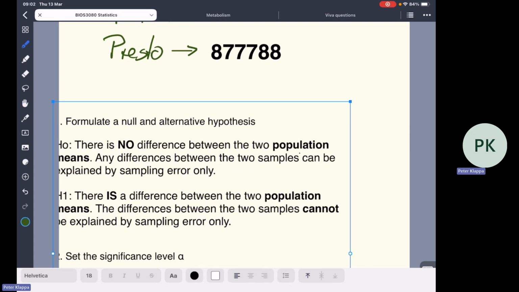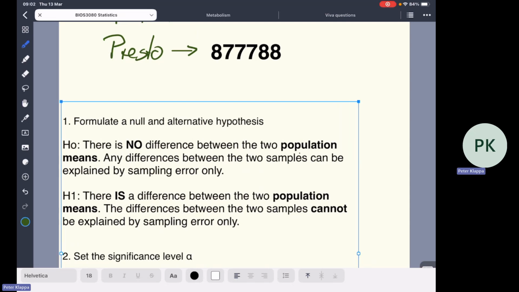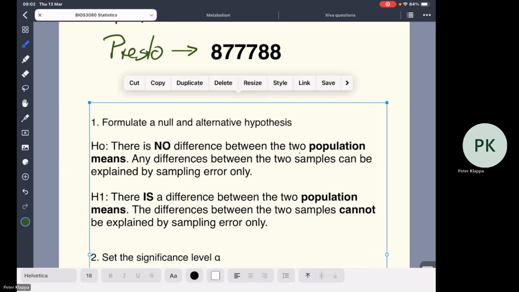Remember, we can't compare the samples directly because of sampling error, but we can think about what populations the samples come from, and compare those populations. We can say any differences between the two samples can be explained by sampling error.